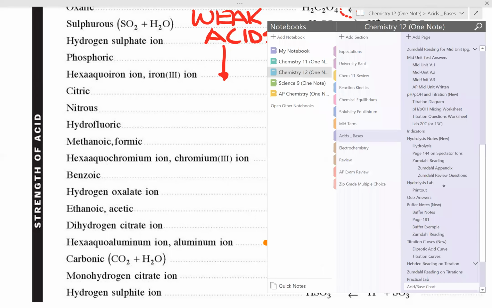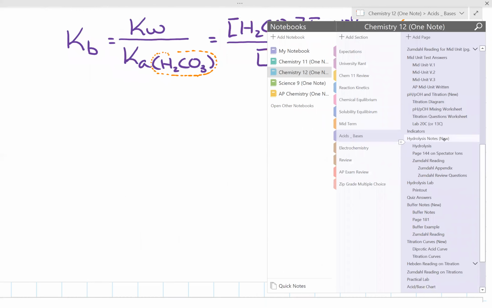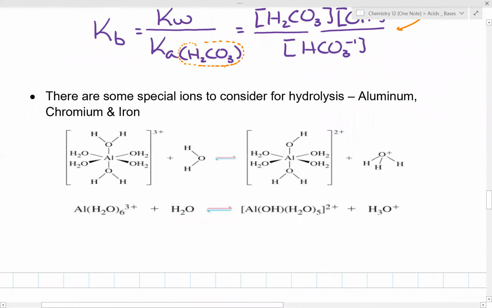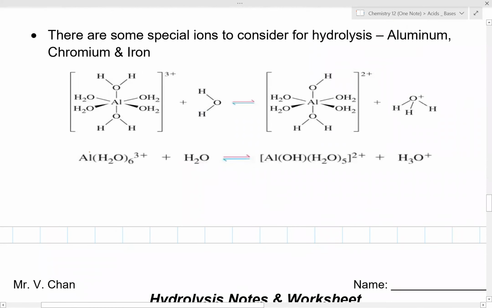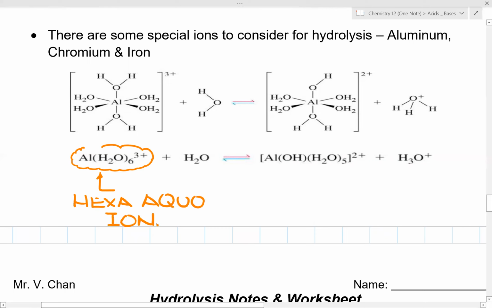How is iron, which has no hydrogen in it, able to produce an acidic solution? Well, chemists theorized that these ions, aluminum, chromium, and iron, form this complex, this hexaaquo ion. Hexa means 6, aquo means water.